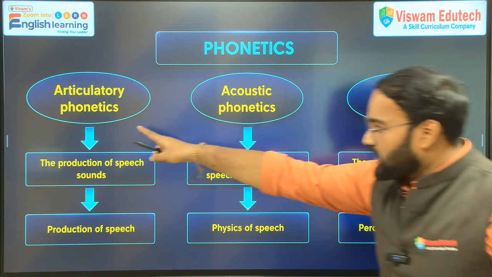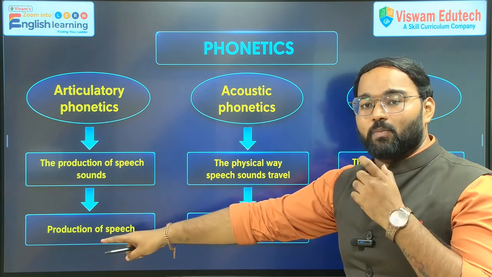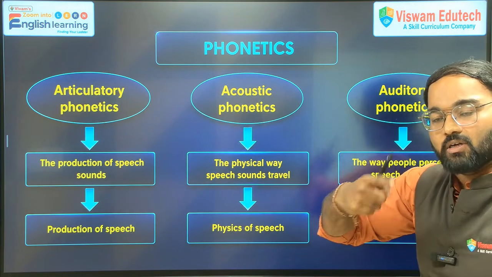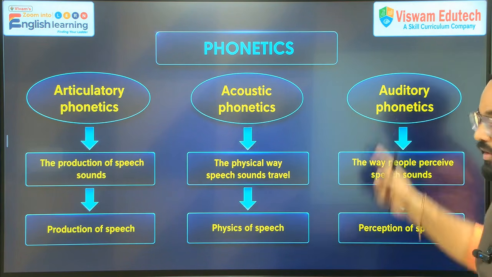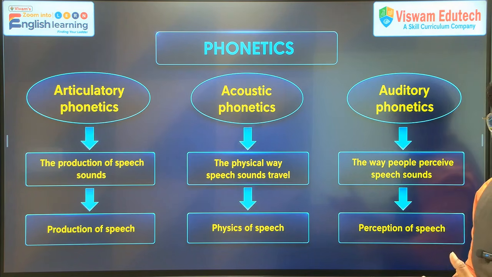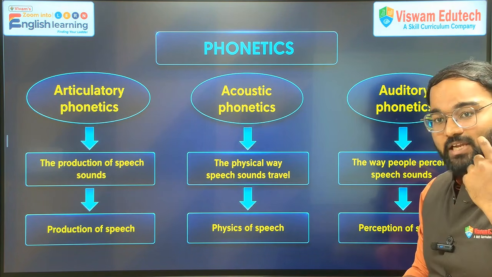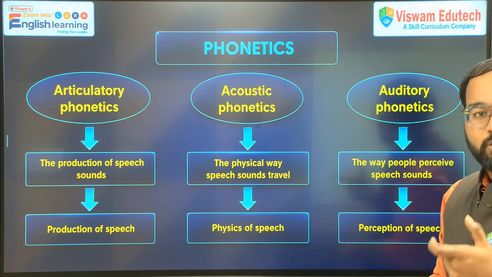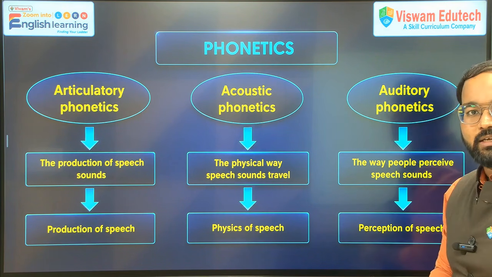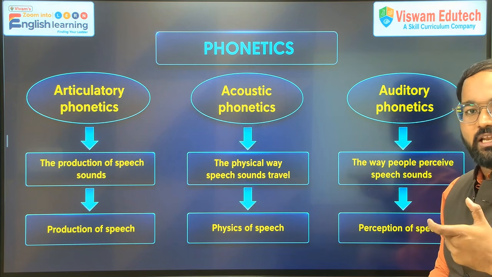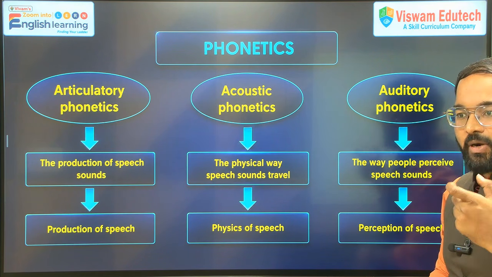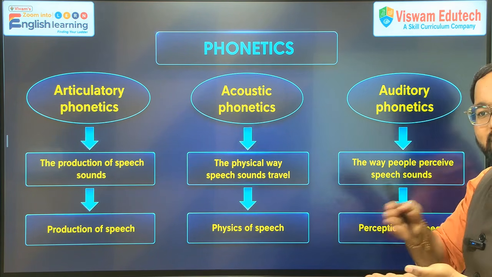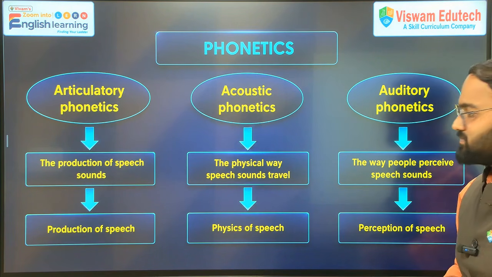So in articulatory phonetics, we study the production of sound, in acoustic phonetics, how the produced sound travels in air, and in auditory phonetics, we study how the sound is received by our ear. Perception of sound, we call it. Perception means nothing but receiving, reception, how you are receiving a particular sound. So in these three ways, we study a particular sound.